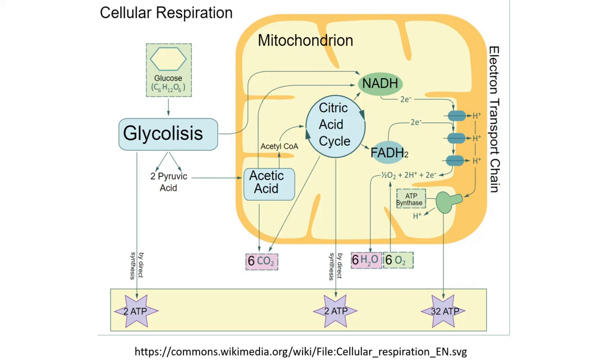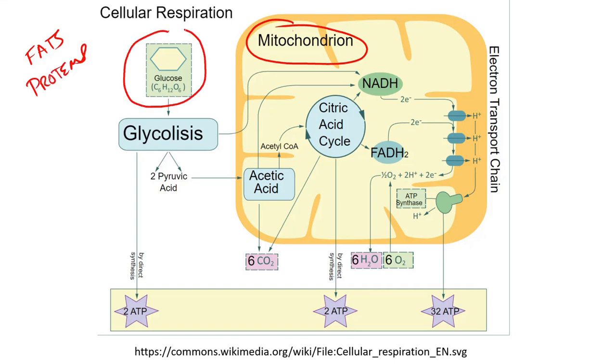So this looks like a really busy slide, but I want you to just bear with me on this, okay? So here we have the mitochondria. And that's this thing right here, okay? And as I said, there's fats and proteins. But we're going to talk about sugar, and that's glucose right there.